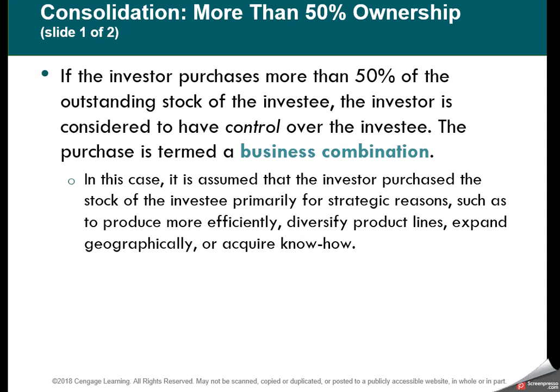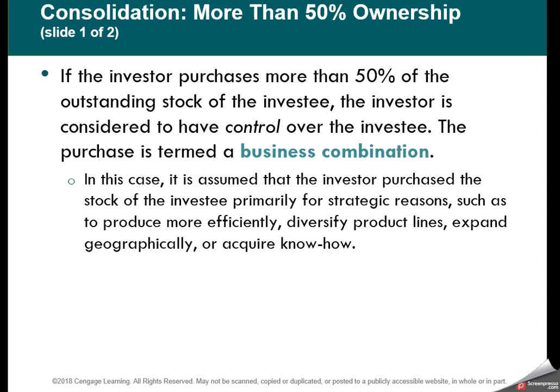So a lot of our big businesses that we think about in our environment right now, like Pepsi and General Mills, and I mean you could go down the list. Even Smucker's, so even local companies have grown through business combination.